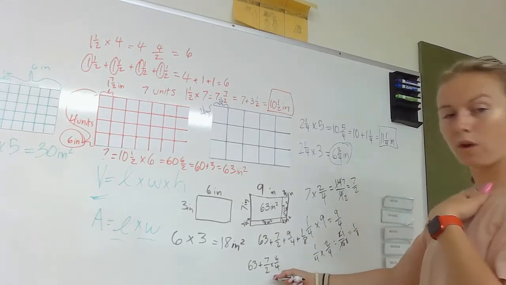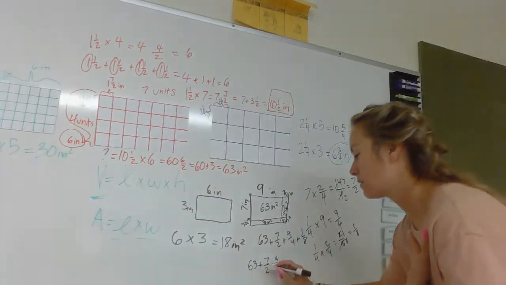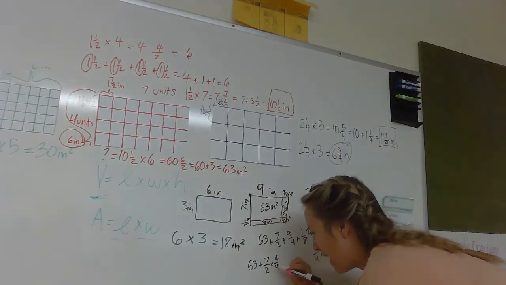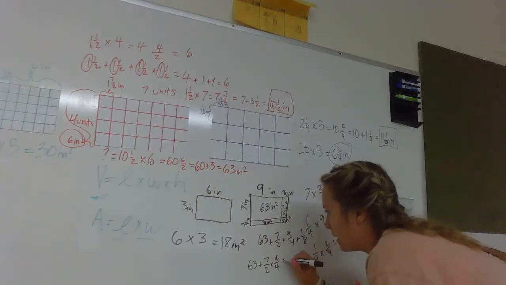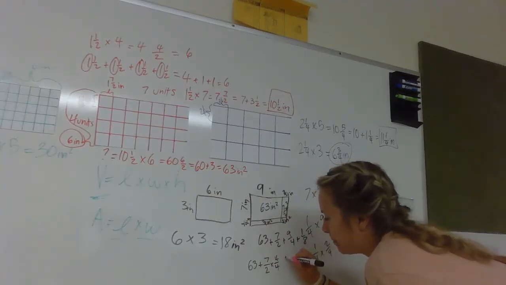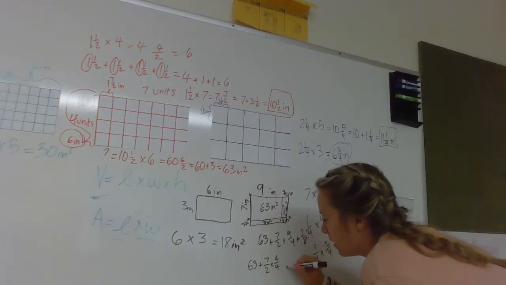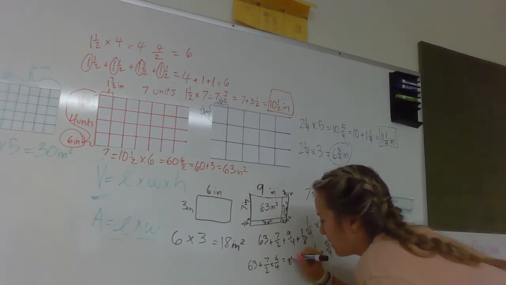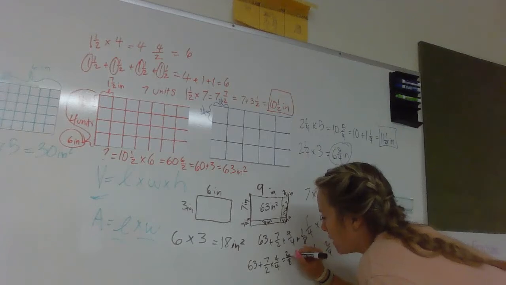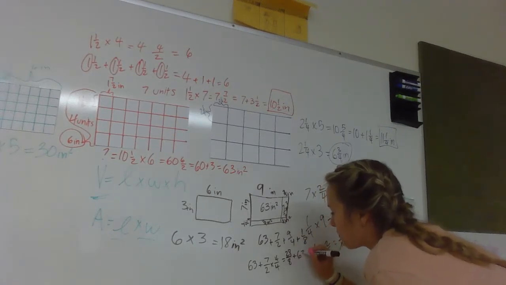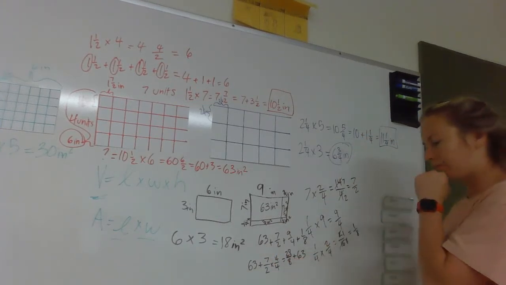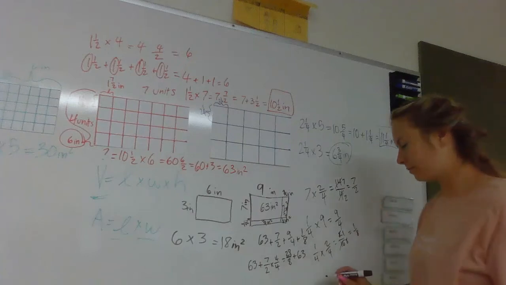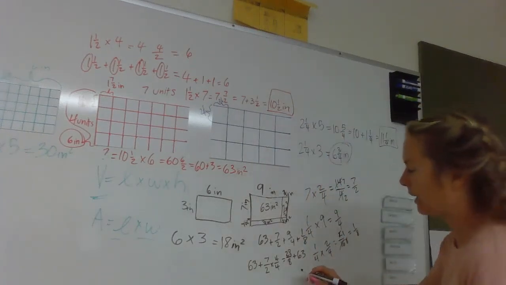I know that's 4, so that's 7/2 times 4/4, and that's going to be 28/8, and then plus 63 because I had it on the other one. So 28/8. Okay, fine. We got 28/8.